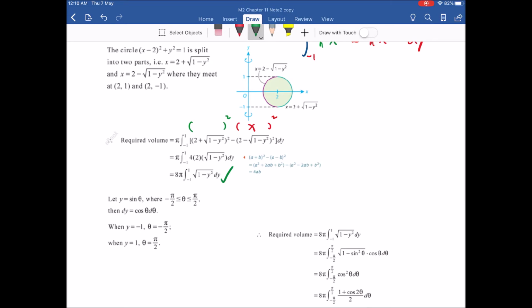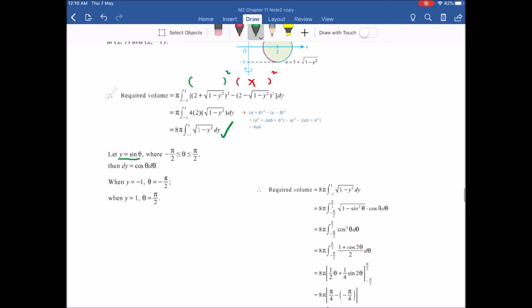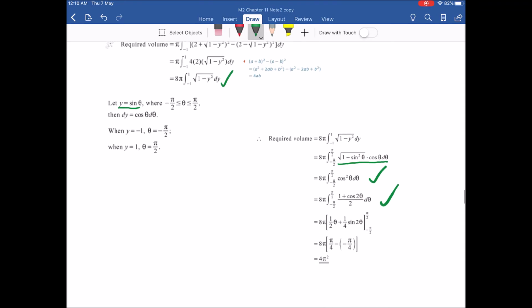You are just getting rid of the square root. You have to let this, and then you will find out that this is integrable, okay. This is integrable, cosine square x, and then multiple angle, double angle, and then you get this answer, okay. Be careful.